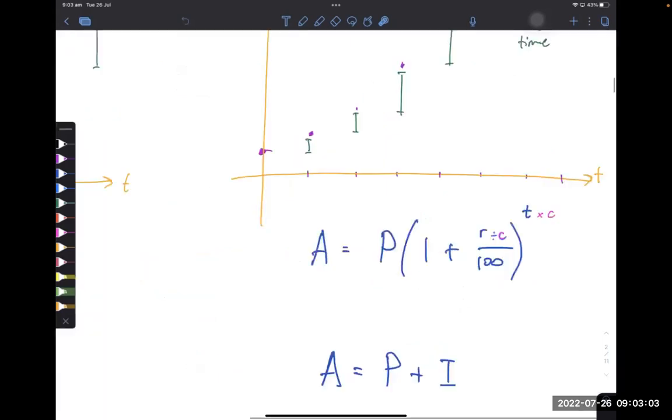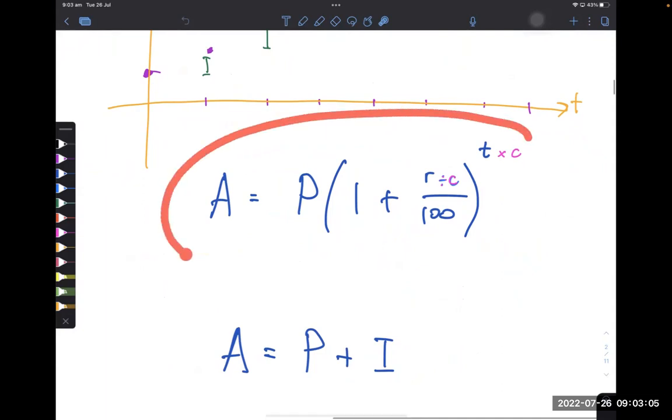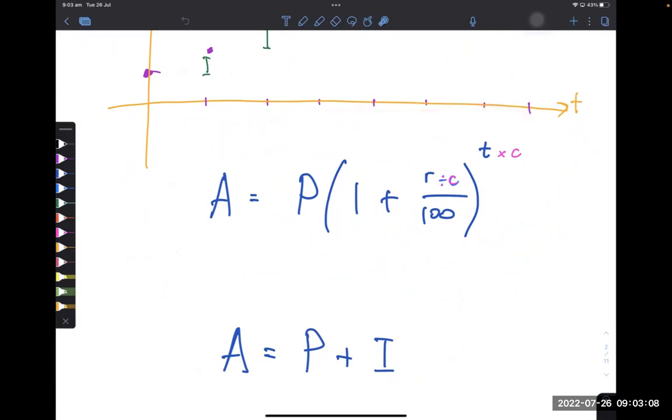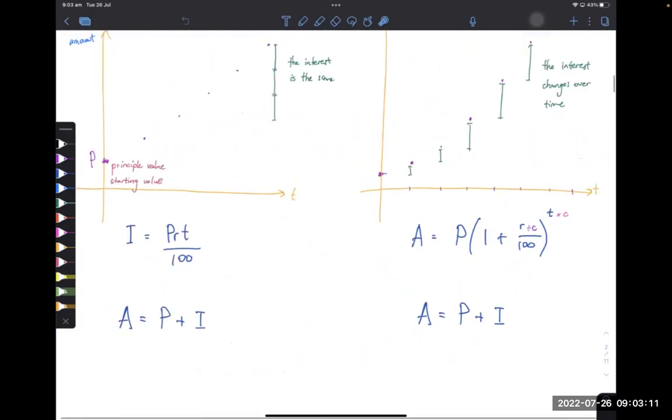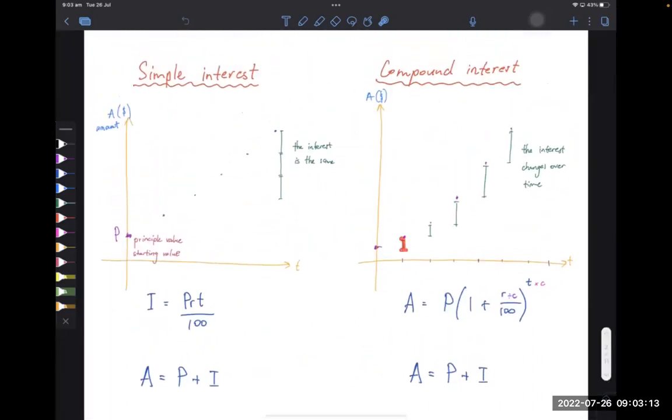Now there's an equation here that we have to use for compound interest.